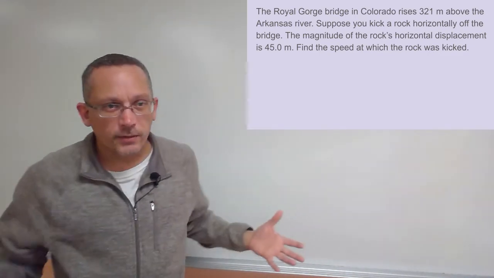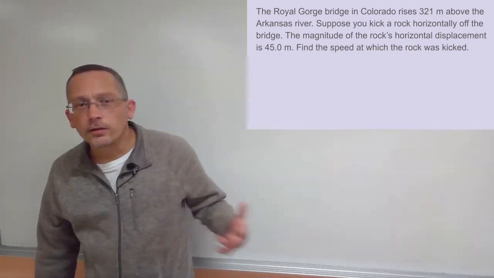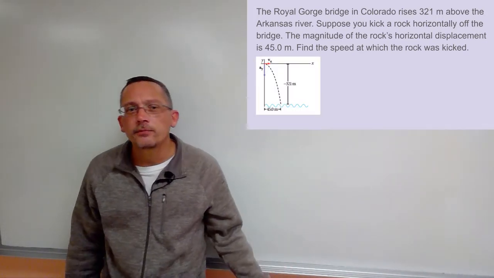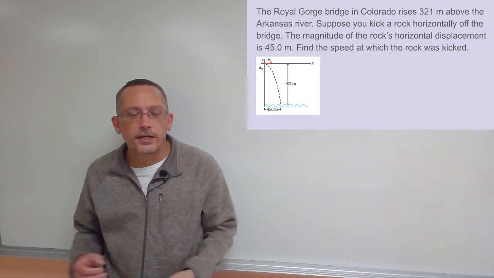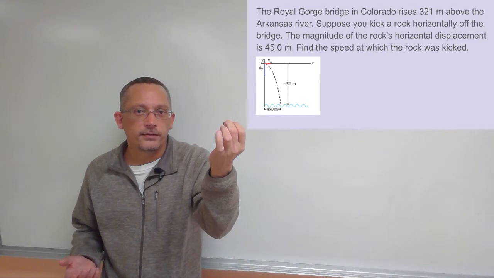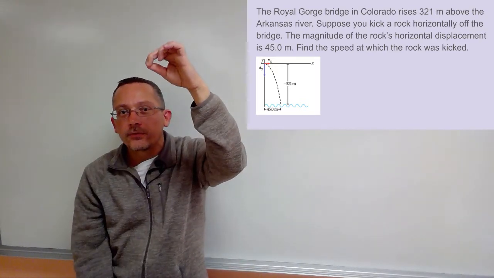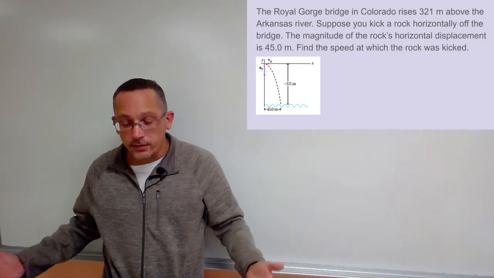Okay. Now, just like most problems, it's often helpful to draw a little picture to help you understand what's going on. So I can draw a little picture there, and I can understand that my rock, he's kicking a rock off of the bridge, is moving down. And how far down is it going to move? It's going to move down 321 meters.